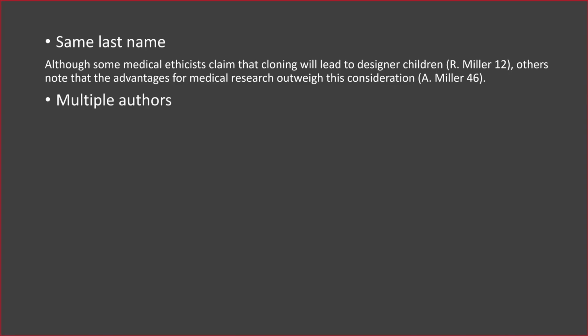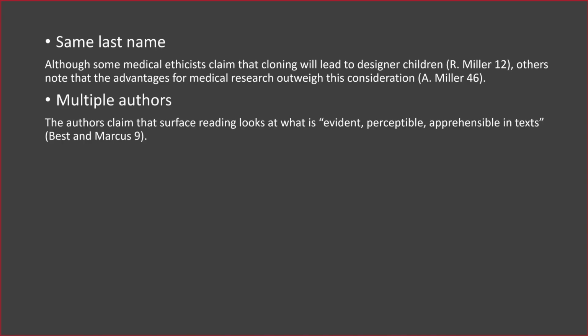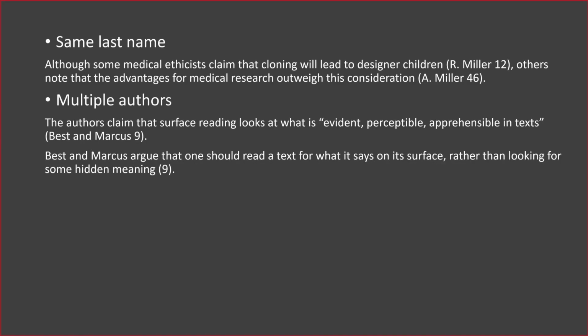In the case where you have multiple authors, here I have an example where we have, just like before, at the end, the only difference is when we have our in-text citation, instead of the one author, we say the first author and the second author. And just like before as well, we can introduce both authors' names in the sentence, and then we only need to include the page number.